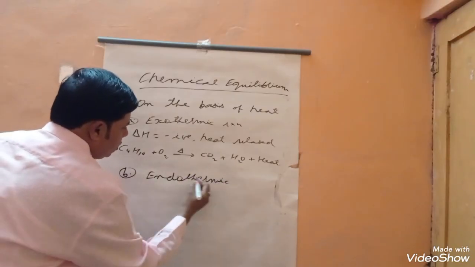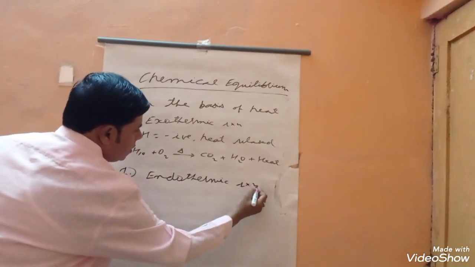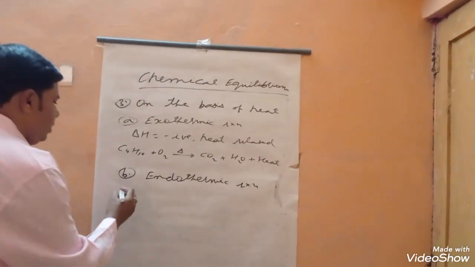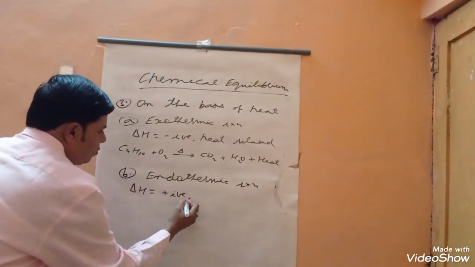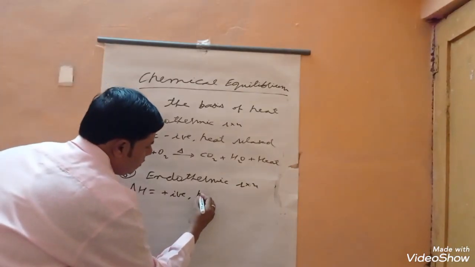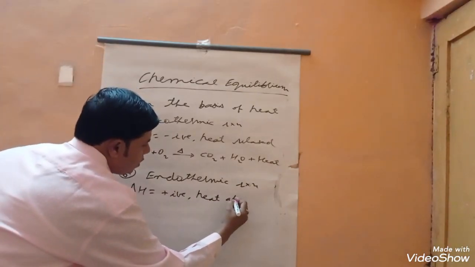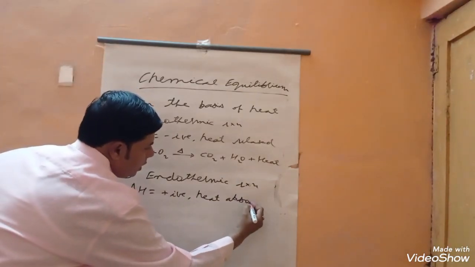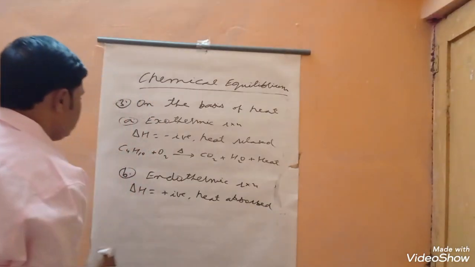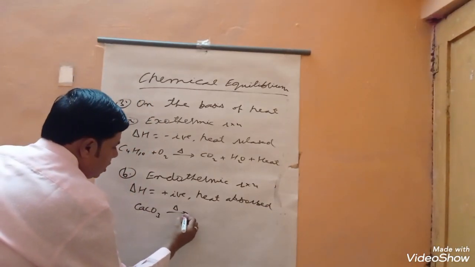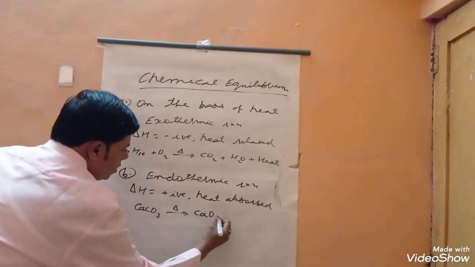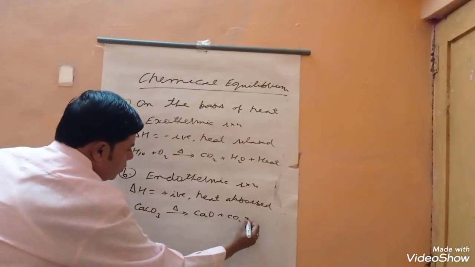In an endothermic reaction, the change in enthalpy delta H is positive, or we can say that heat is absorbed. For example, CaCO3 gives CaO plus CO2.